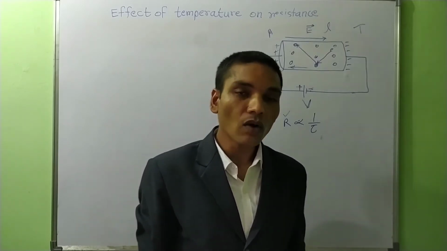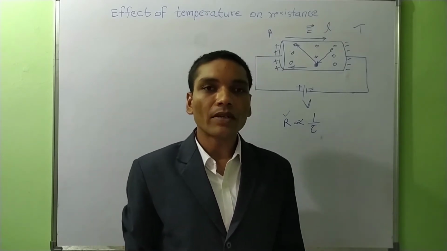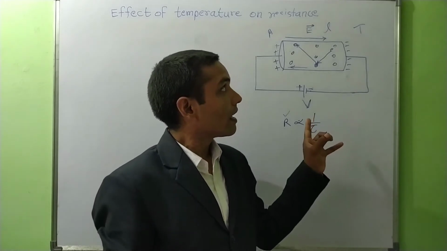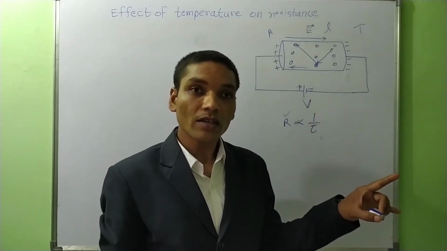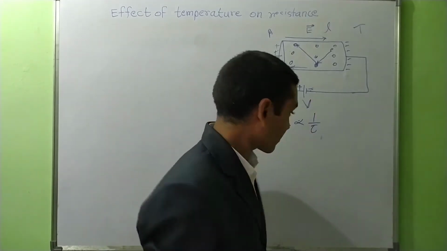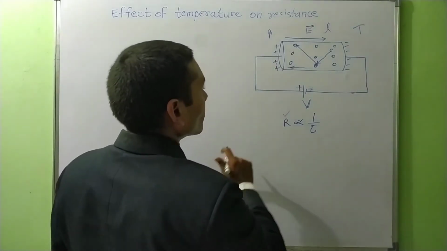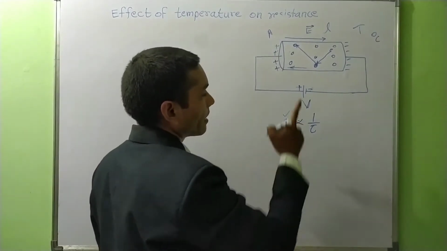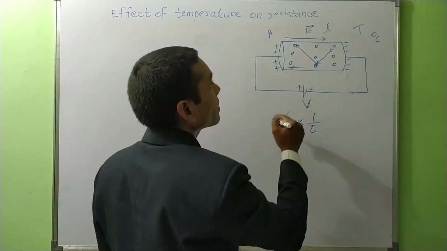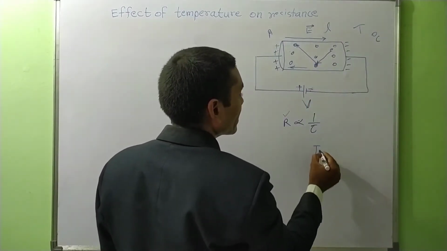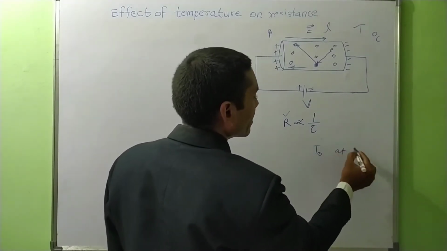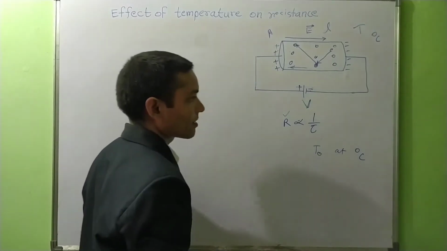Okay, now what is the relation between the resistance and the temperature? So we will find this. Let at 0 degree Celsius the temperature of this conductor be T0.